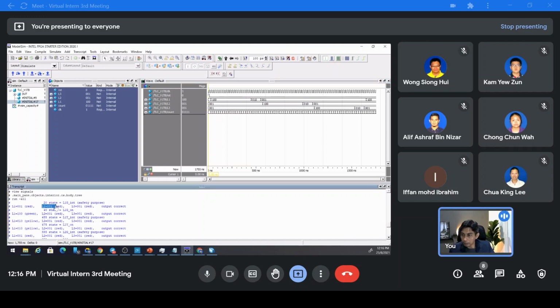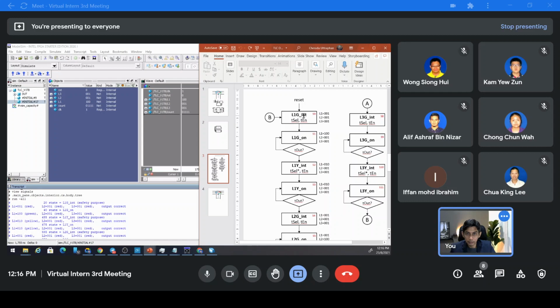So let's look at this. At time 20, the state is the first state. Of course this is for safety purposes, and all lights are red. So L1 is red in this state, all are red, so this is correct.